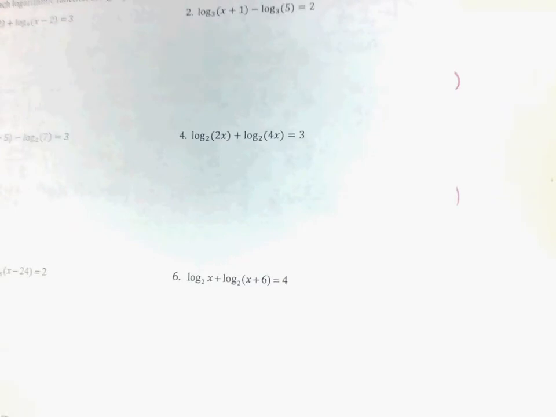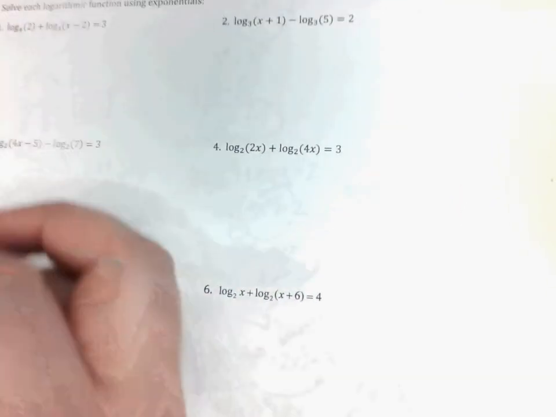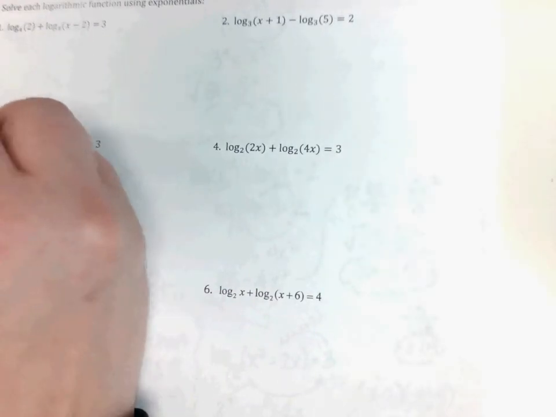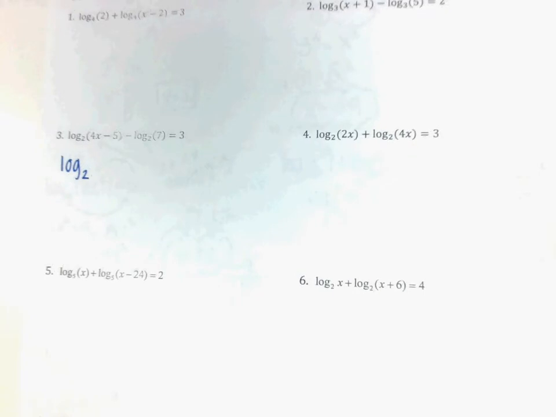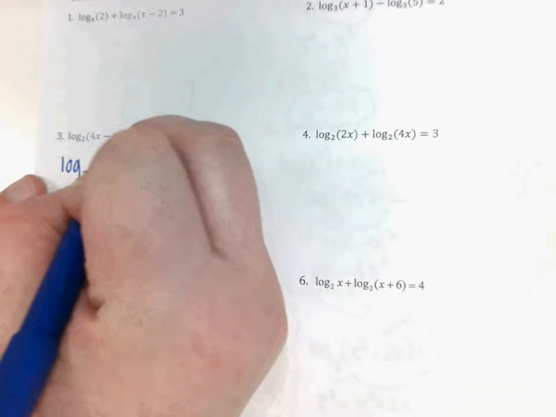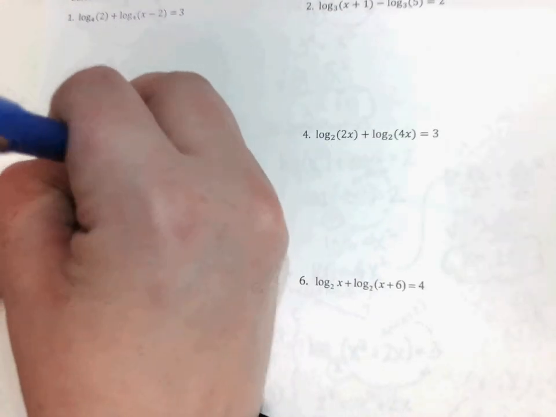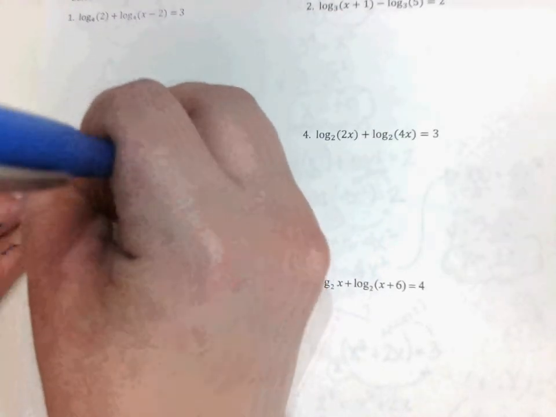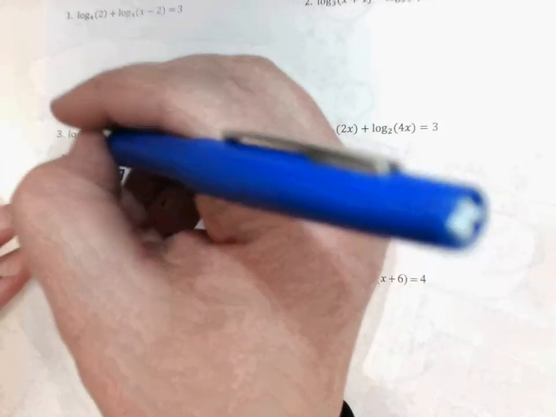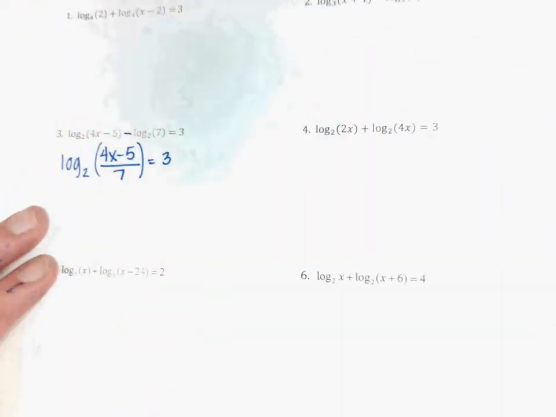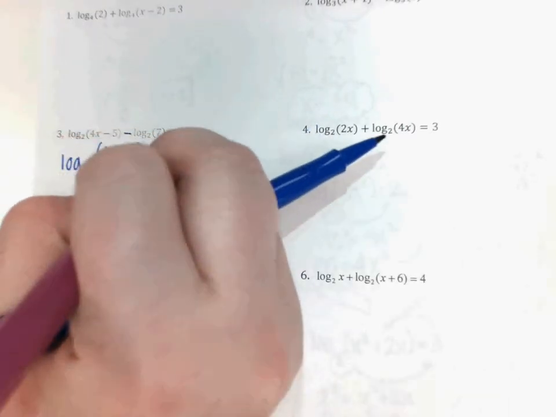What is step 1 on number 3 when I combine those logs? Do I multiply or divide? I have a minus in the middle, that means I divide. So I'll put 4x minus 5, divide by 7. Then from there, where does my loop start? 2 to the 3, good job.